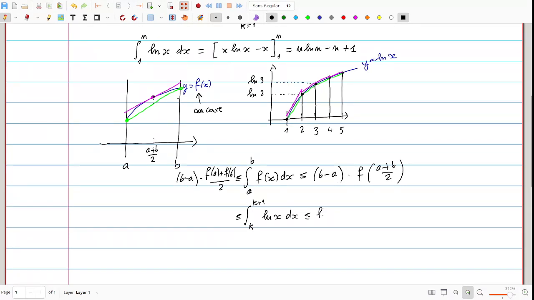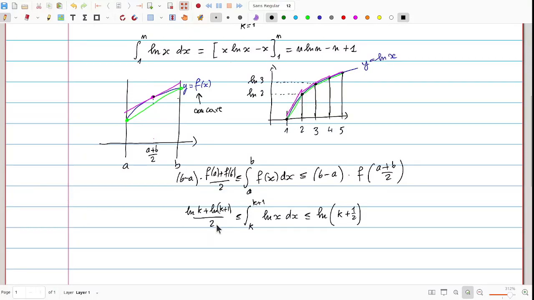So here we have the logarithm of the average, k plus 1/2, and here we have the logarithm of k plus the logarithm of k plus 1, divided by 2.